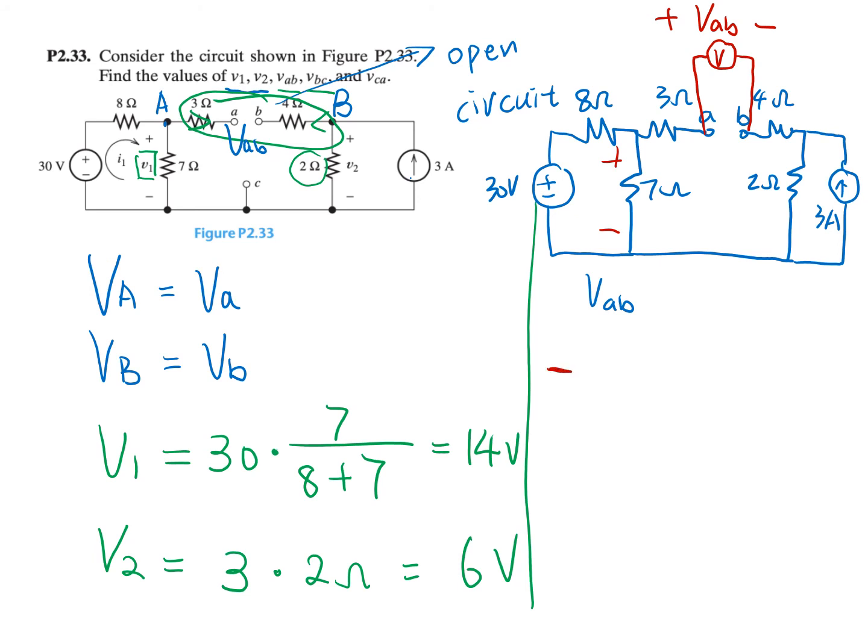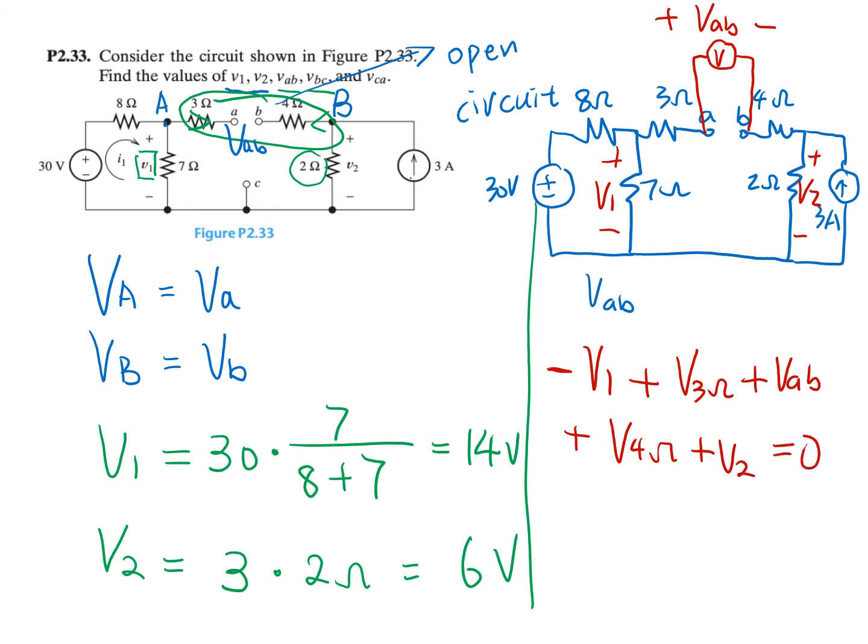minus V1 plus V3 ohm plus VAB plus V4 ohm, and this is plus minus, so we have plus V2, that's equal to 0.